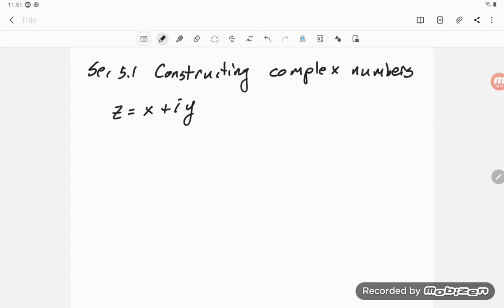If I talk about the real part of z, that's x. If I talk about the imaginary part of z, that's y, which is a real number.